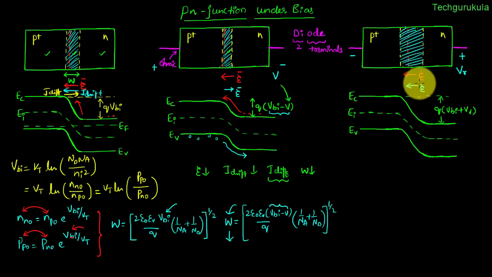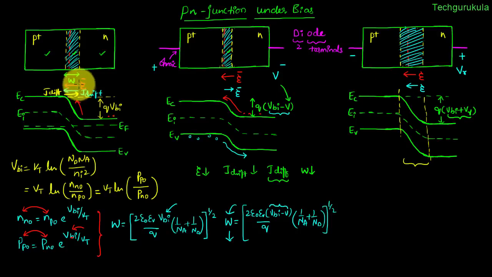As the electric fields are in the same direction, the potential would get added up. So as a result, the overall band has increased, and the potential across the depletion region is basically VBI plus VR. The electric field would be present in this region. Where we have the depletion region, there is electric field in this region.